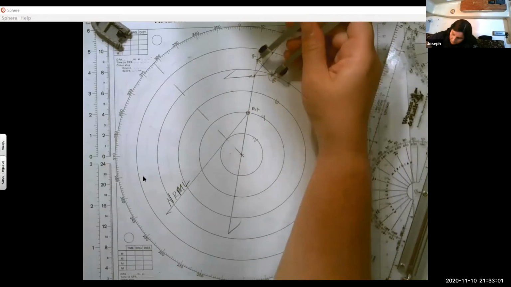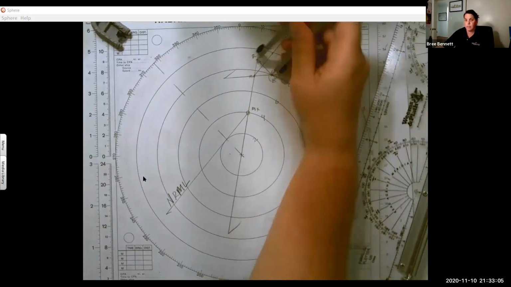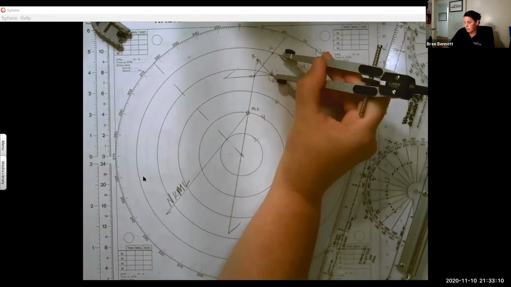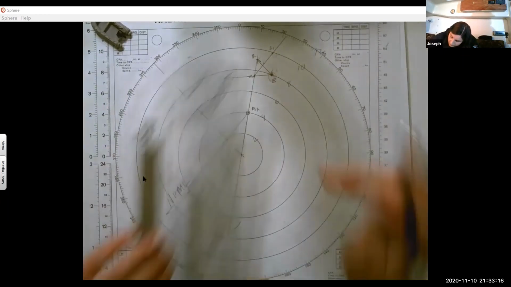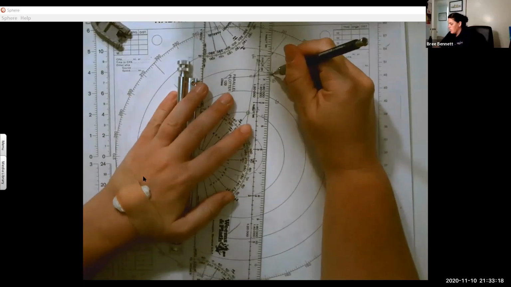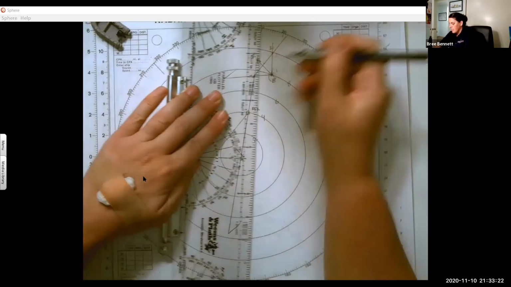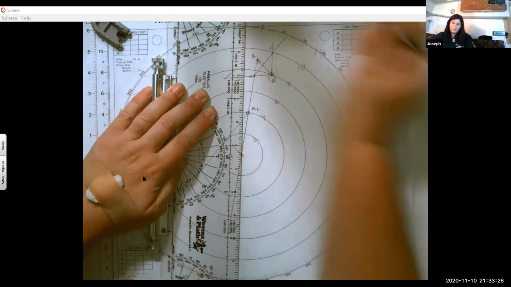With this measuring, you always turn your compass or your dividers to the right because you are turning to starboard. You measure your E to R and bring that back to the center so you can get a measurement.